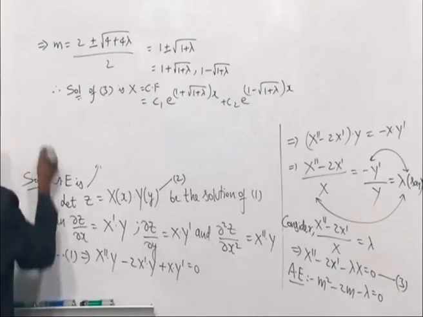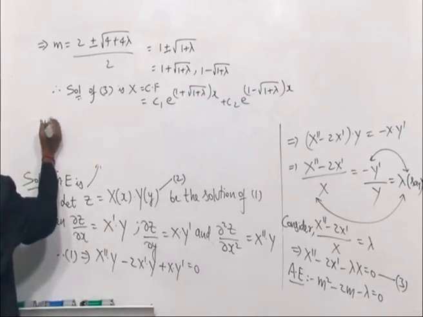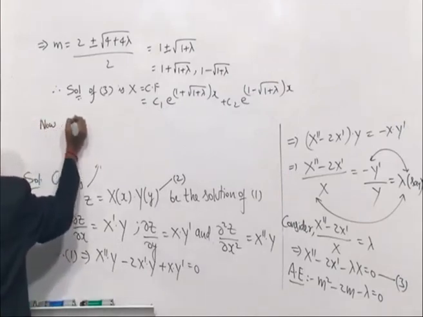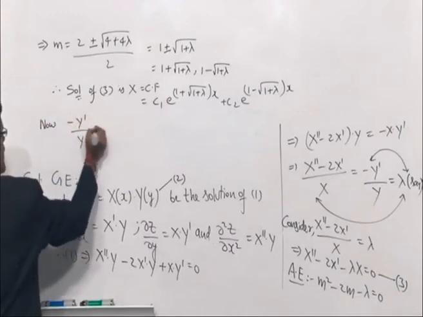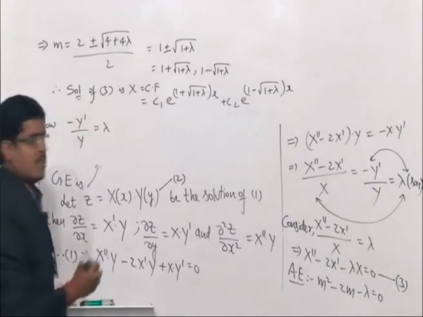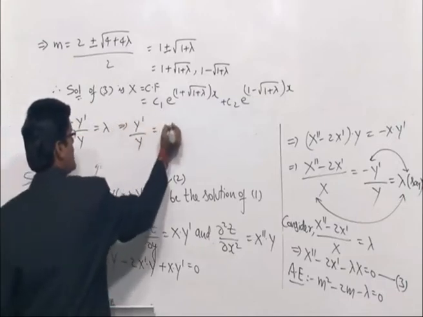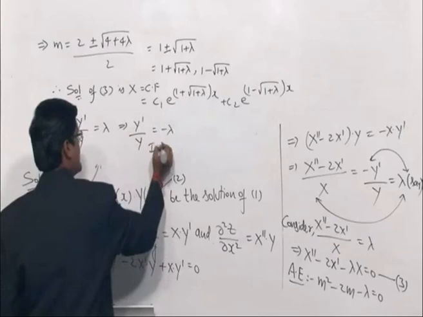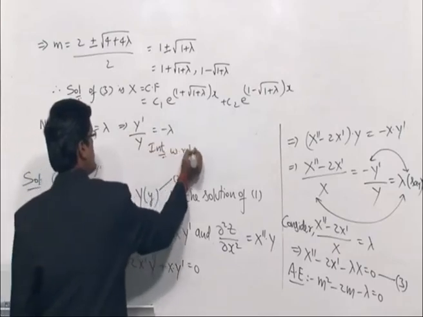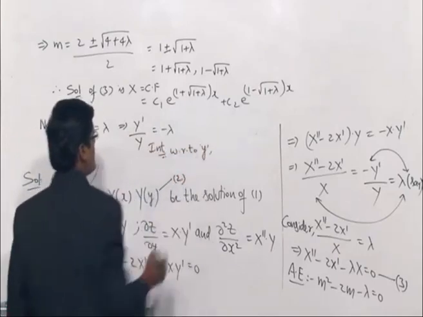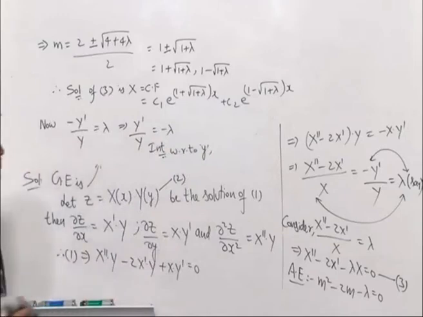Now, minus y dash by y is equal to lambda. So this can be written as y dash by y is equal to minus lambda. Integrating with respect to small y, because capital Y dash are functions of y.